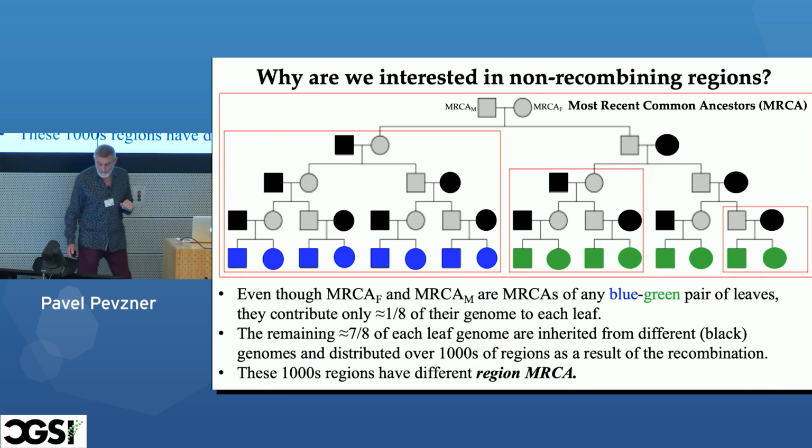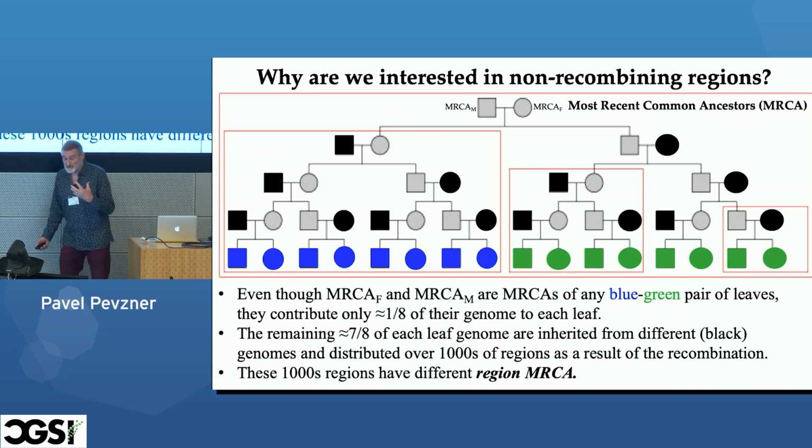Like here, on this slide, we can find the most recent common ancestor for every blue and green individual. But only a small fraction of the genetic material of the individual at the bottom is contributed by this most recent common ancestor.